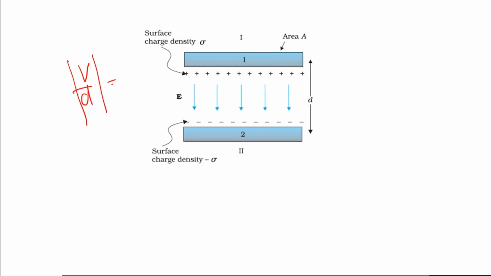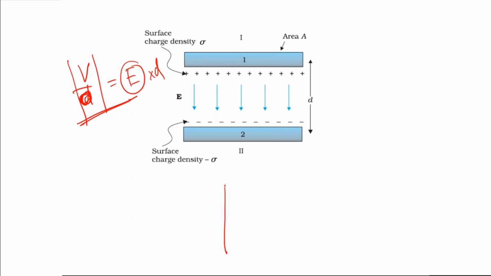First of all, there is a relation: mod V by D is equal to E, the electric field. This is the relation between electric field and potential. We learned this in this chapter, I think, a few classes before. If I somehow know the electric field between these two plates, then I multiply it by the separation D, and I can find out V.